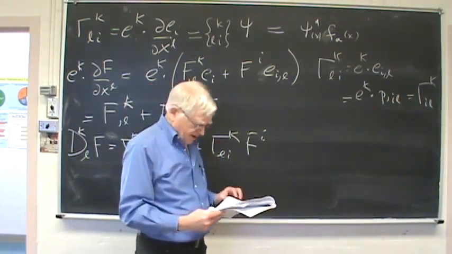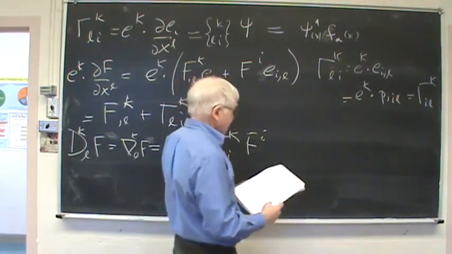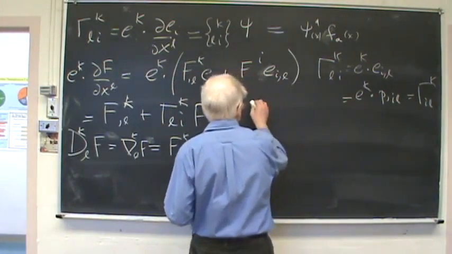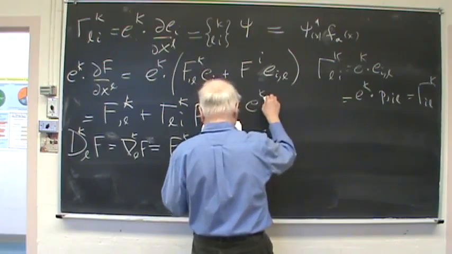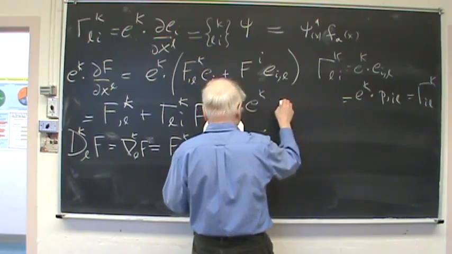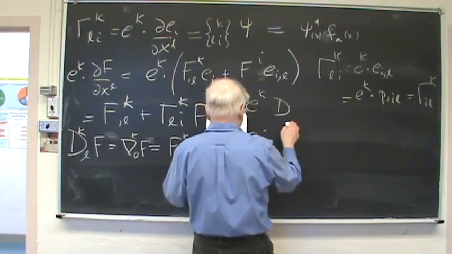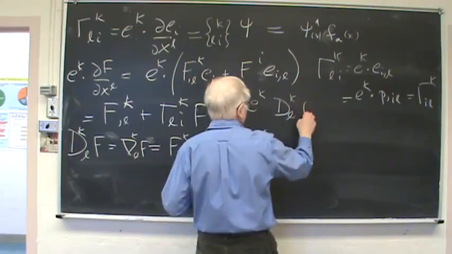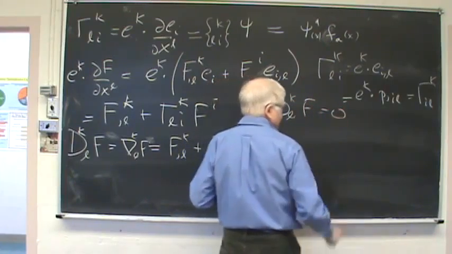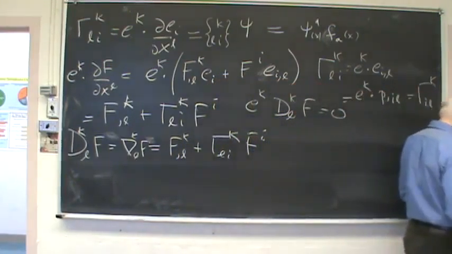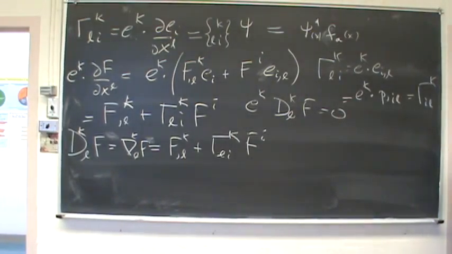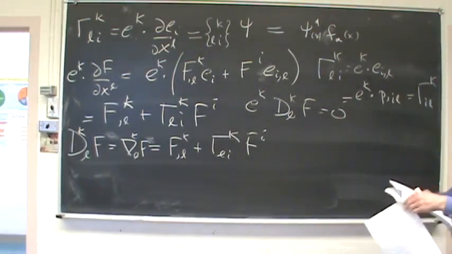So we went through parallel transport last time, and it was basically that the dual vectors then are orthogonal to the covariant derivative, and that's the way f changes.